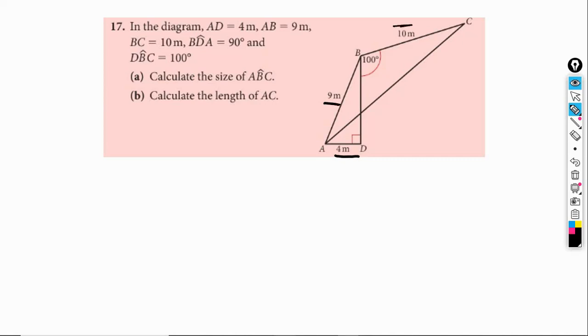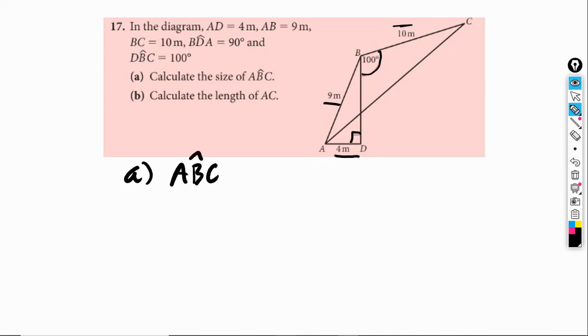They're telling us that angle BDA, this one over here, is 90 degrees, as we can see, obviously. And then angle DBC is 100 degrees. So we have 100 degrees. Calculate the size of angle ABC.